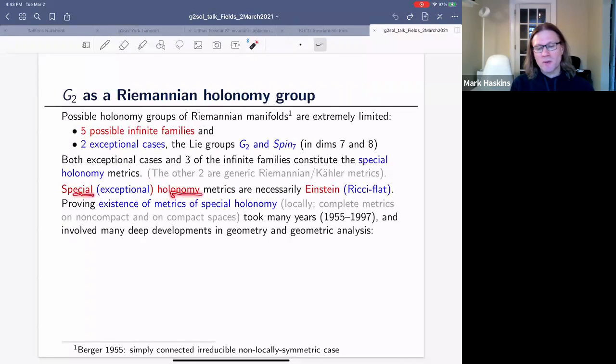All the special holonomy metrics are necessarily Einstein, and in fact, except in one case, they're all Ricci flat. In particular, the exceptional holonomy ones are all Ricci flat. Berger does not say that all of these things have to arise; he just says those are the only things that can arise. Knowing that they're Einstein or Ricci flat obviously tells you that proving existence of these is highly non-trivial.